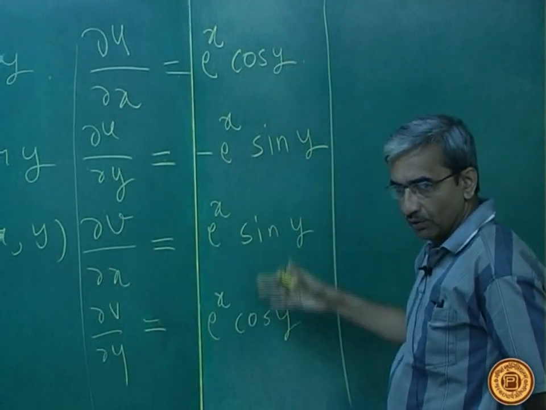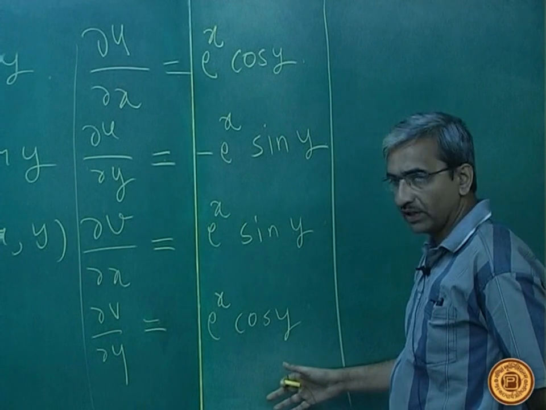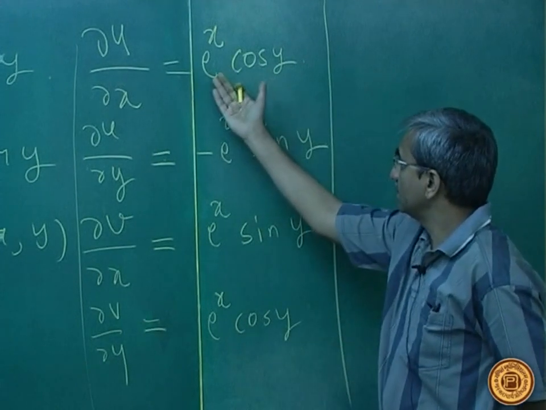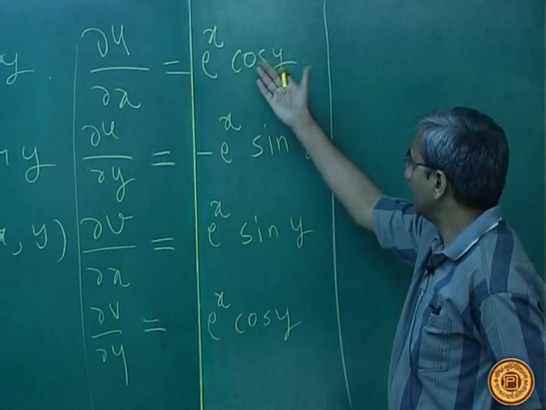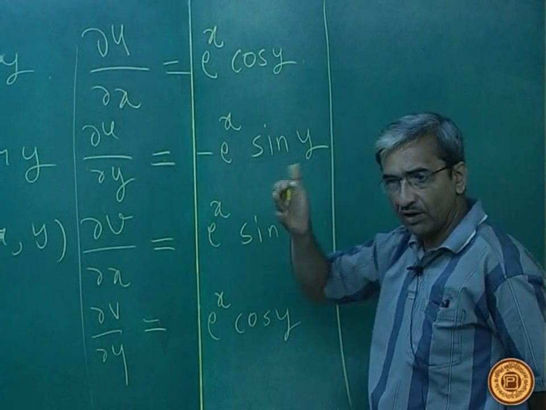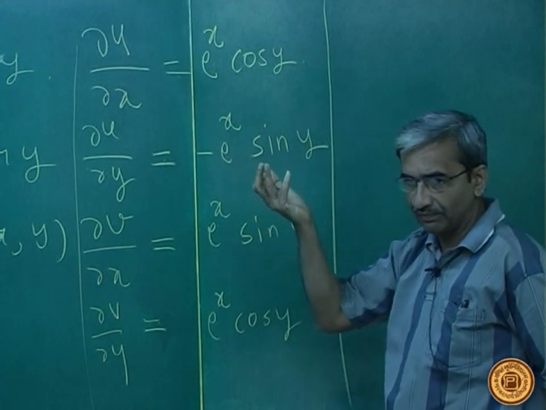So looking at these four partial derivatives, what can you say? And what are these functions? These are our real exponential and real trigonometric functions, which are all infinitely differentiable and so on.